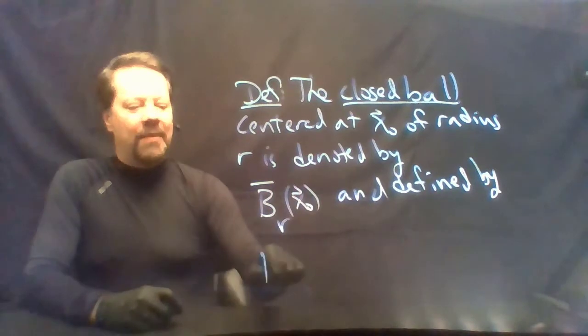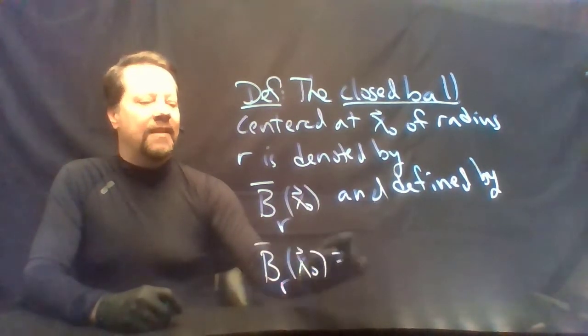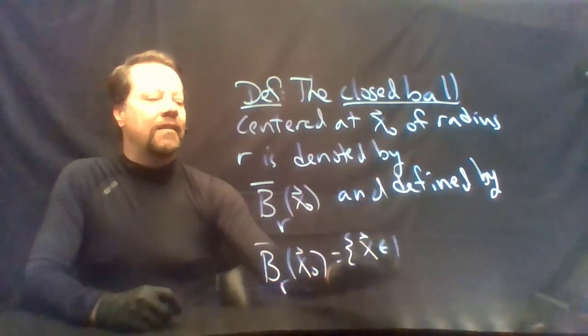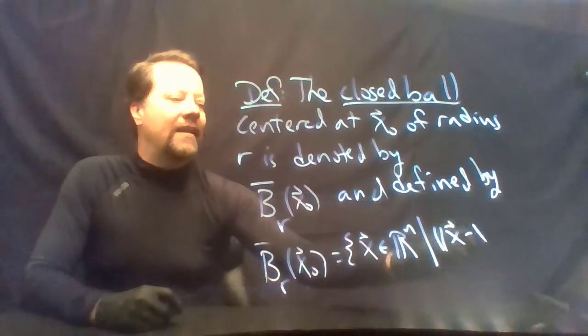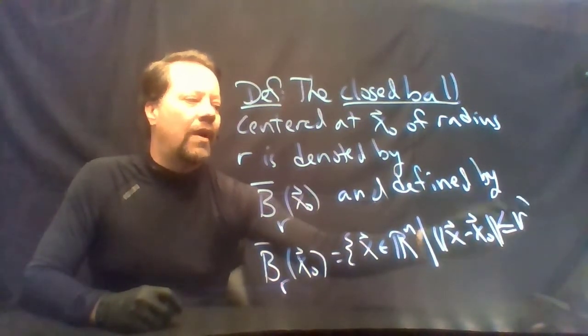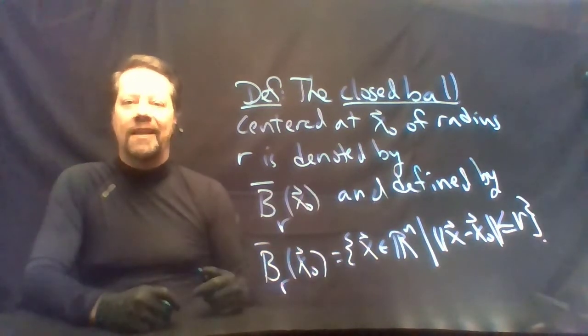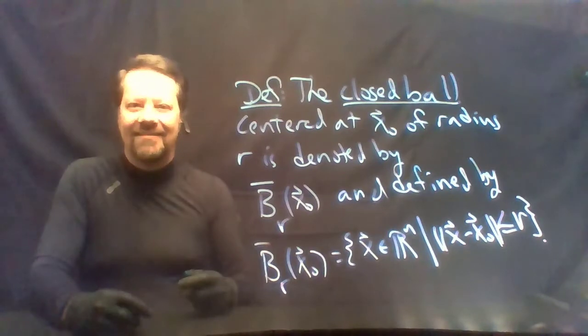And defined by closed ball, it's the set of all points in Rn such that the distance between x and x naught is less than or equal to r. So with the conditional inequality, we get the surface put back on.